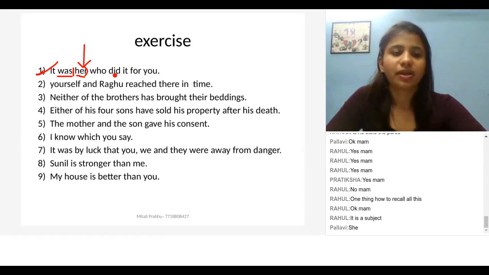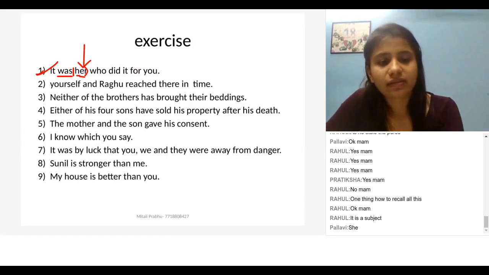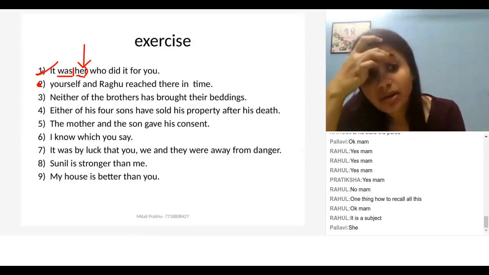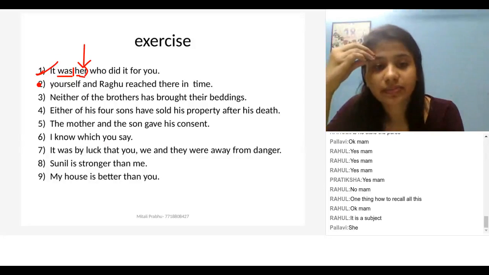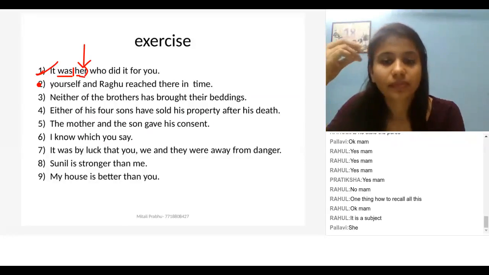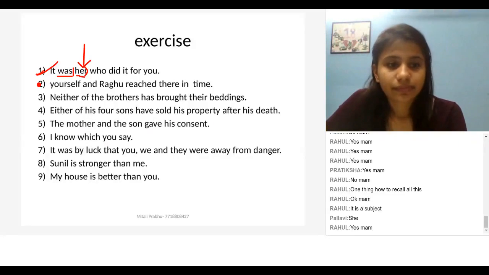Rest of you, didn't you understand? We have a 'to be' form. So after the 'to be' form, a subject case, the first rule that I taught. Pratiksha, Rahul and Rucha, did you get it? So give me the answer then.